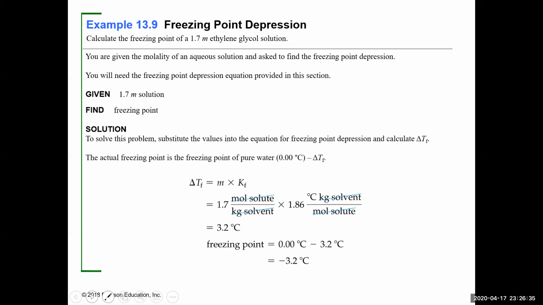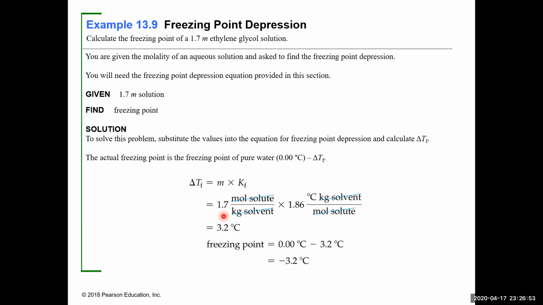Remember that we're also given the K sub F constant, and that was in the last slide. So we're trying to solve for the freezing point change. Well, we need to solve for the freezing point change first. So delta TF is equal to molality times K sub F.